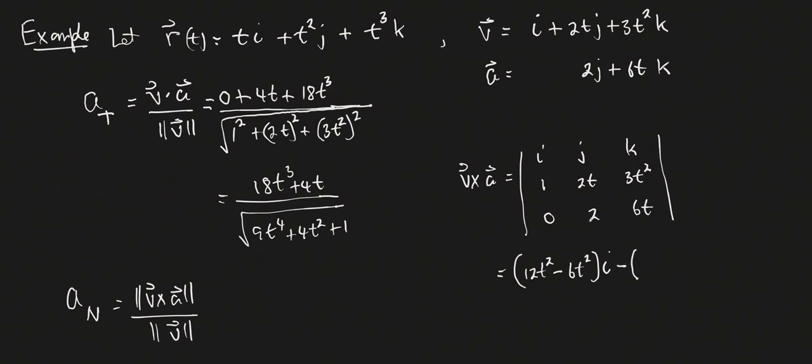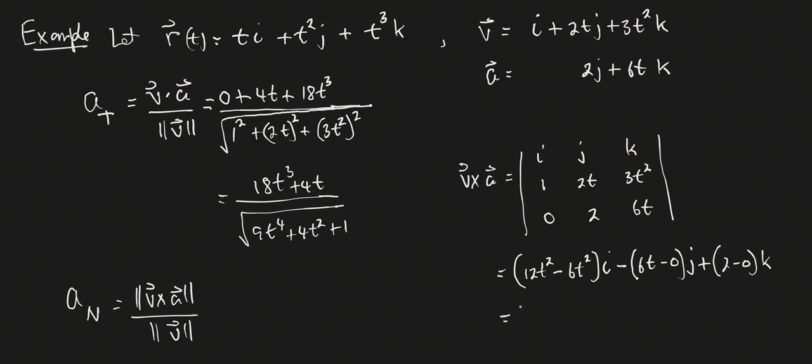And then I'm going to have minus the quantity. Now block out the middle column and the first row, and you'll be left with the 2 by 2: 1 times 6t, so that's 6t, and then minus 3t squared times 0, so minus 0, and then that's times j. And then plus, block out the third column, first row, then you have 2 minus 0 times k.